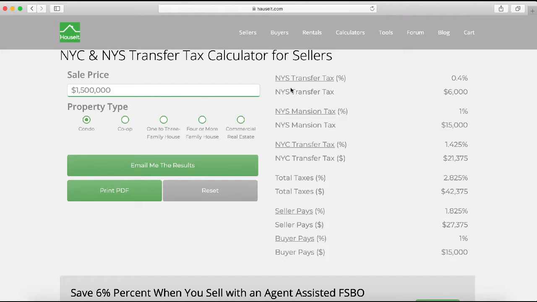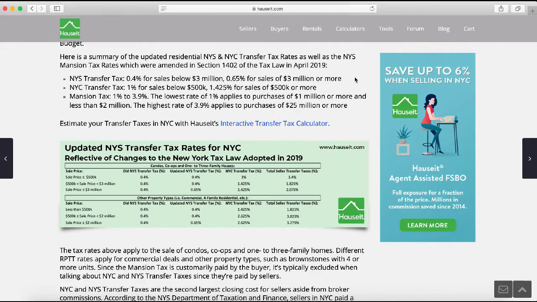There are two transfer tax rates for New York State. The more common one is 0.4%, and there's actually a newer transfer tax rate, a slightly higher rate of 0.65%, which is for sales of $3 million or more. This higher rate was actually enacted in 2019 as part of changes to the New York tax law.